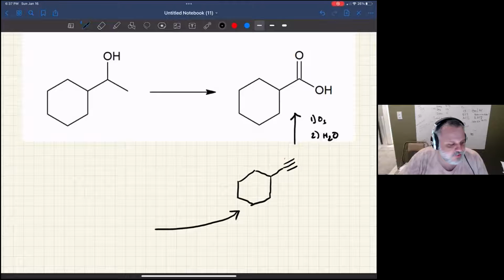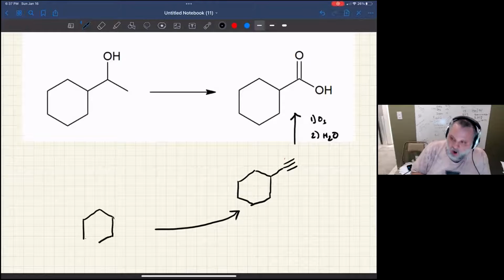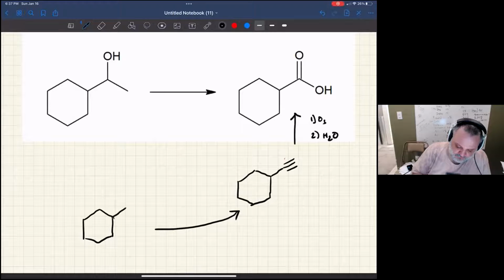So I can't do alkylation to make an alkyne. The only other way that I know to make an alkyne is to do some sort of elimination. Now, there are a lot of different possible scenarios for elimination.